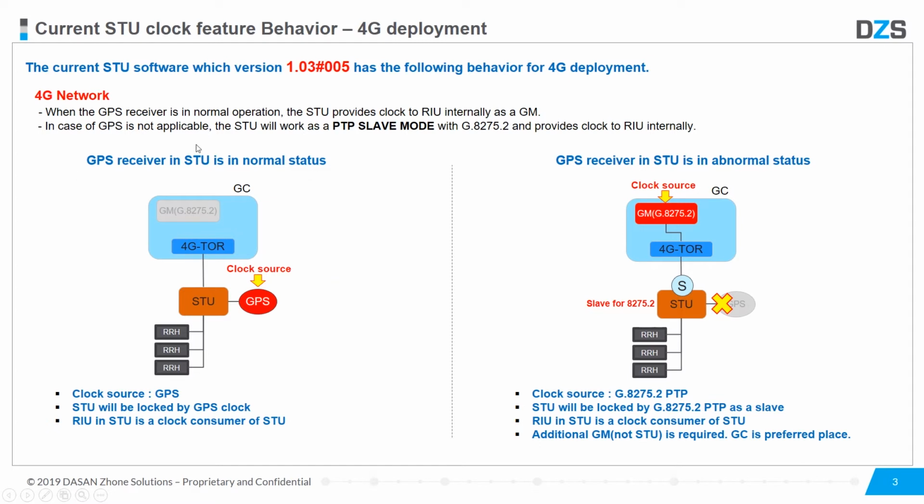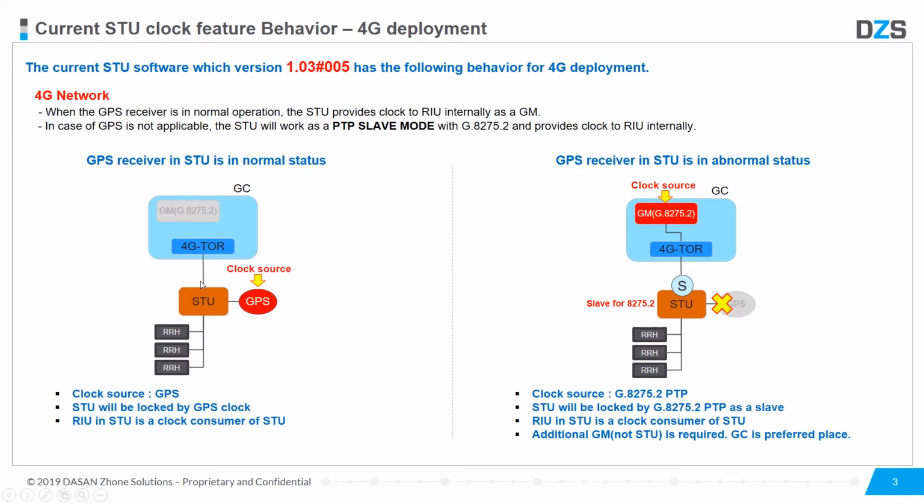General status of GPS: as you can see, there is a 4G TOR in GC and the 4G TOR is connected to the STU, which is supplied in the field. GPS is connected to the STU to receive satellite signals. LLH is connected to the row CPRI interfaces of the STU.